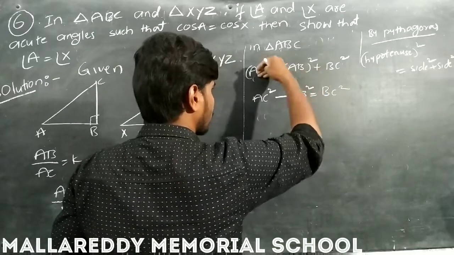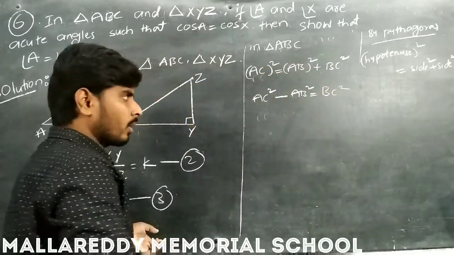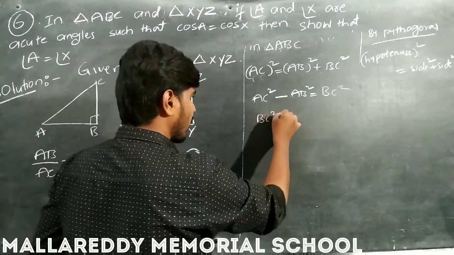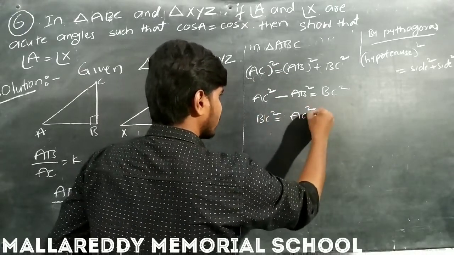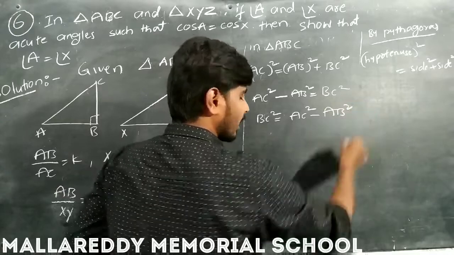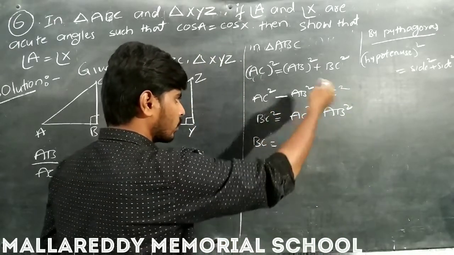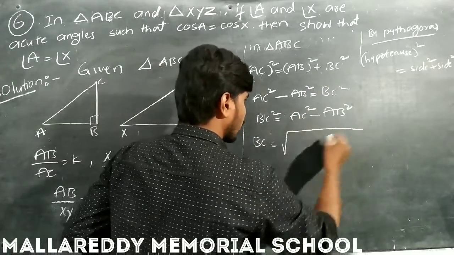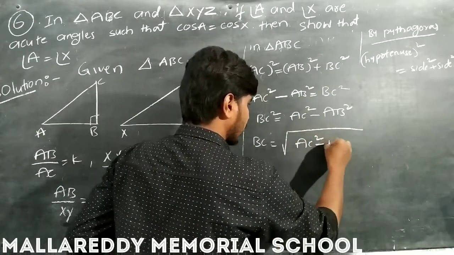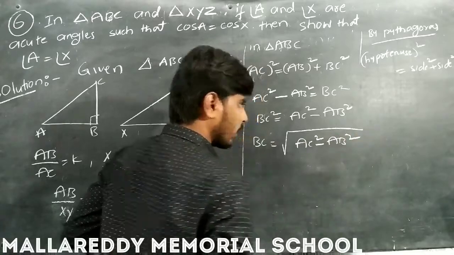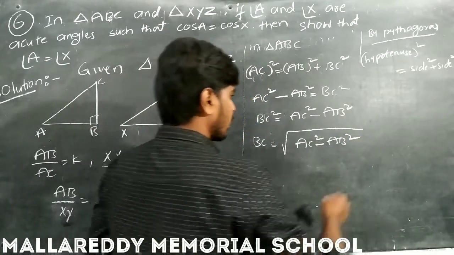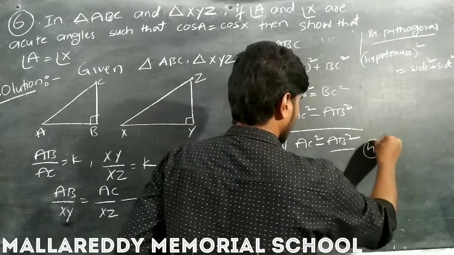Here AB is transposed to the LHS. The next step, BC square is equal to AC square minus AB square. So BC is here, this square goes to the RHS, and it becomes root of AC square minus AB square. Okay, it is equation 4.